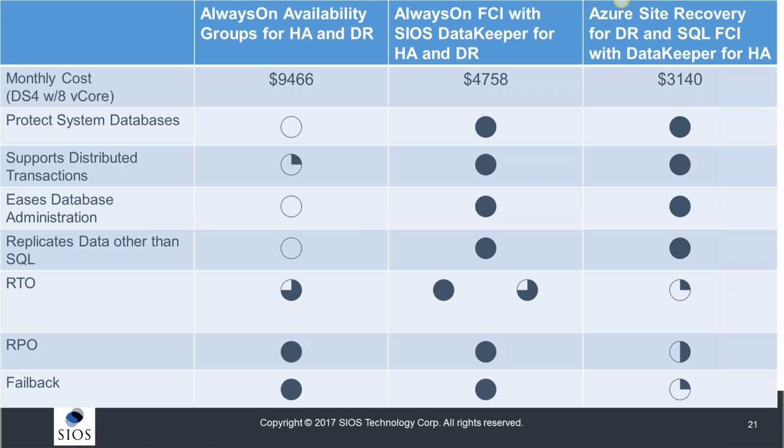That's why you see two bullets here. And that's where Azure Site Recovery falls down a little bit. The recovery time objective is certainly longer than the other 2, but still 5, 10 minutes.